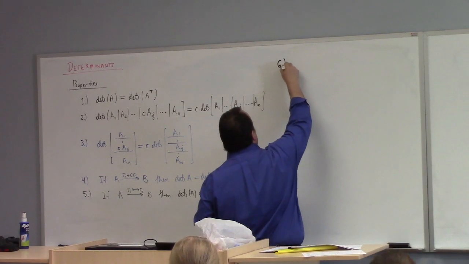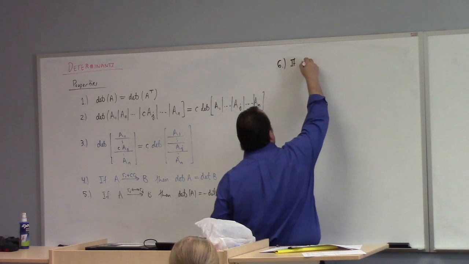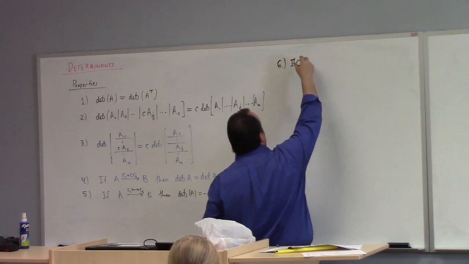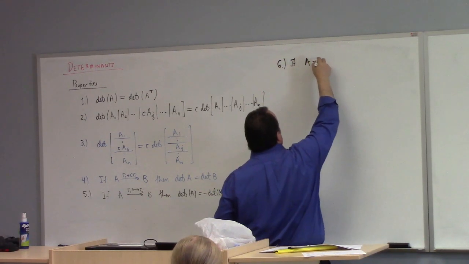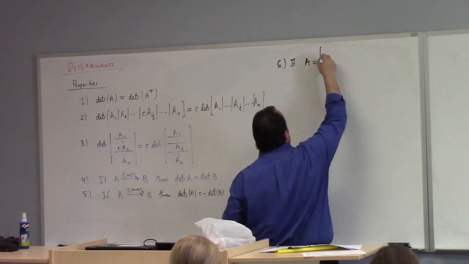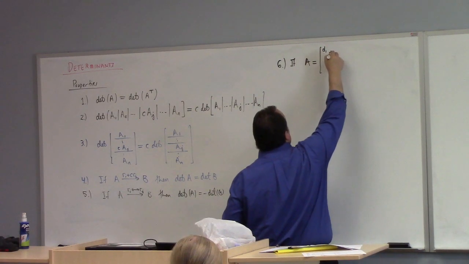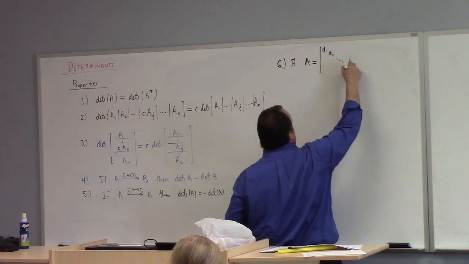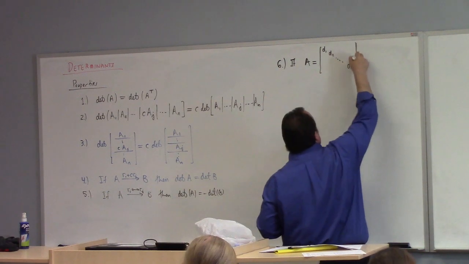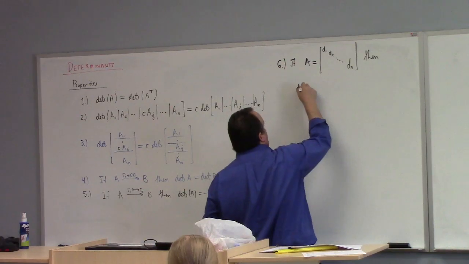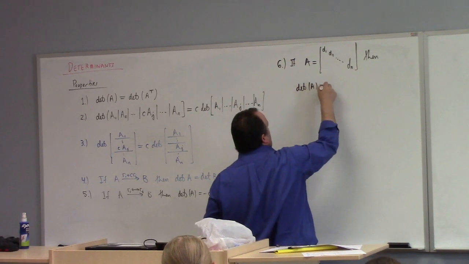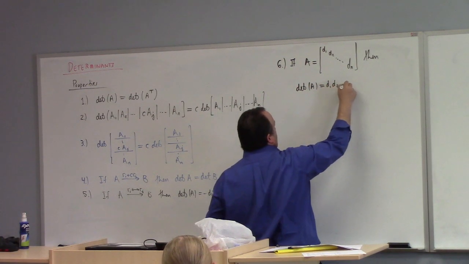Six, if we have A is like D1, D2, Dn, if it's a diagonal matrix, then the determinant of A is just the product of the diagonals.